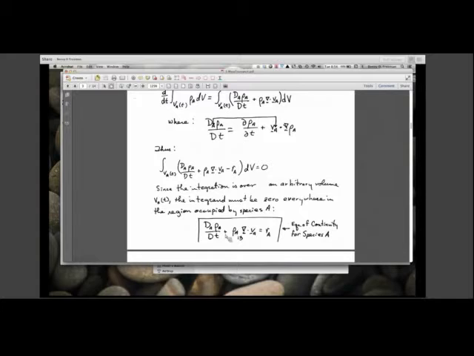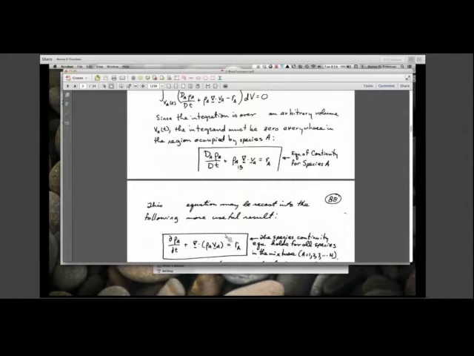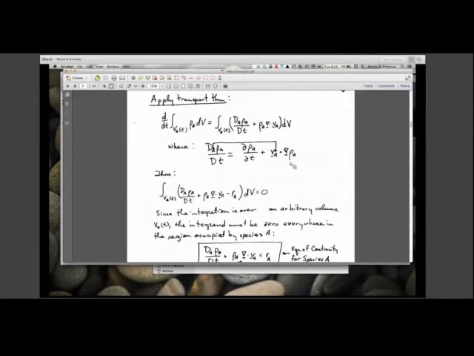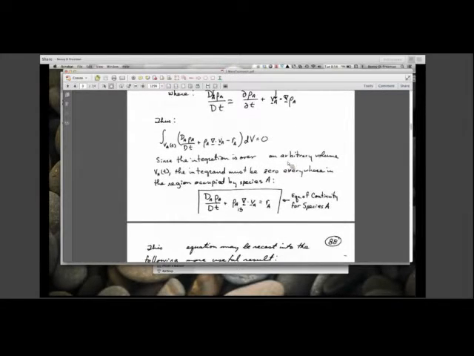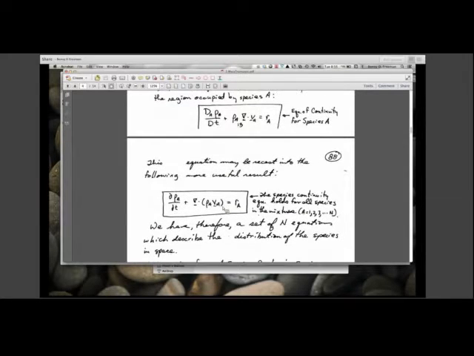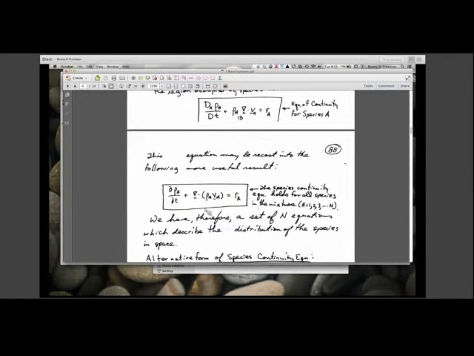And so I can guarantee that this integral is exactly zero for any material volume that I might choose, and I choose that based on the problem and the information I want to know about it. The only way I can guarantee that the integral is zero is if the integrand is precisely zero everywhere inside the volume.